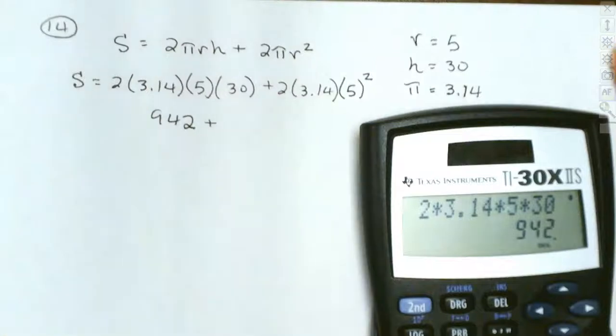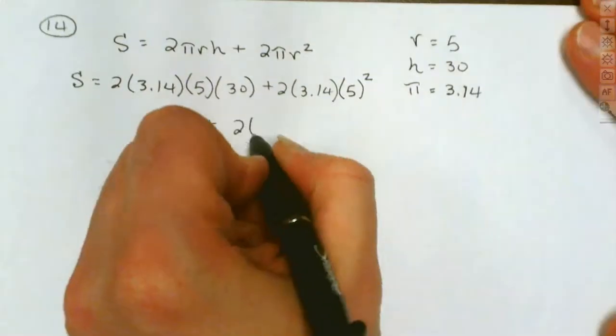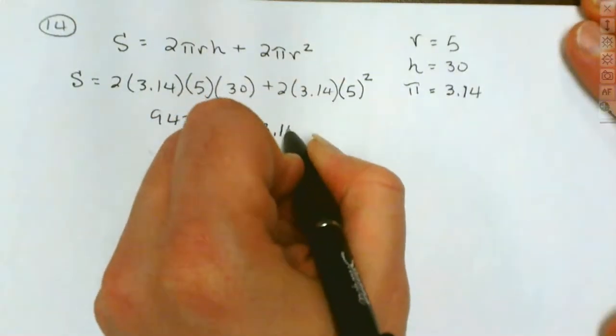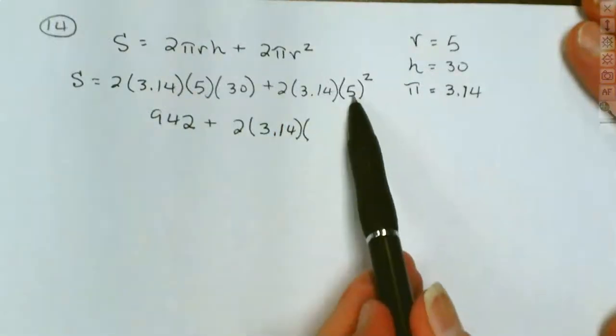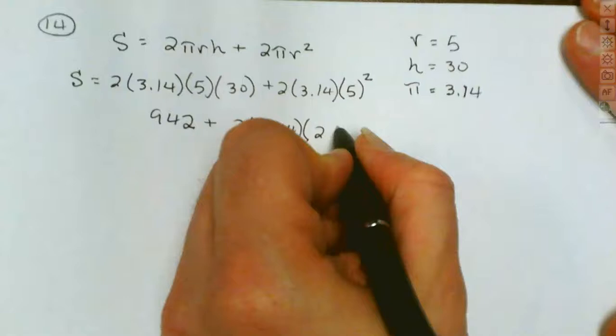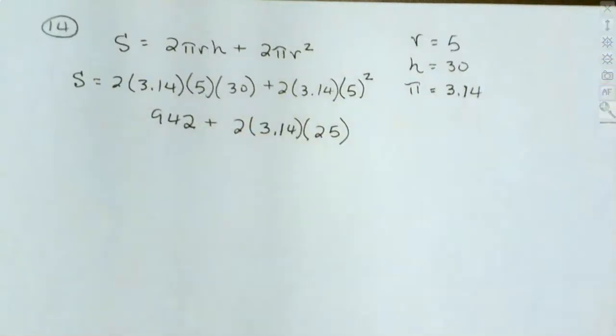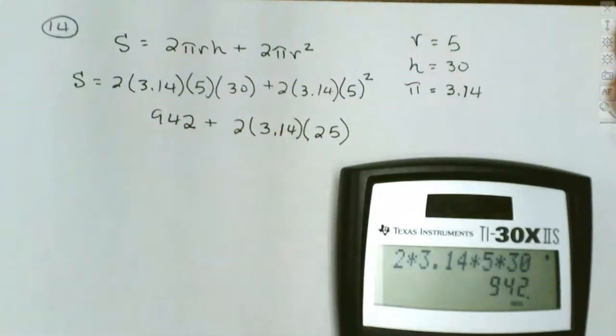Now, on the second one, order of operations. You've got to be careful with what we do. Before we multiply, what goes first? Powers do. So we've got 2 times 3.14, and the 5 squared, that goes first. So 5 squared is then what? 25. And in some calculators, you can write all the way in, the way it is.